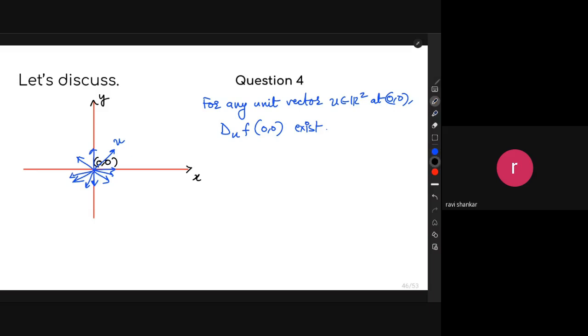Now, what do we need to prove? We need to prove that f is continuous. Is f continuous?